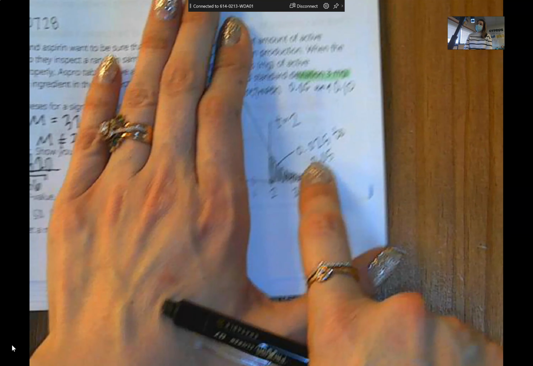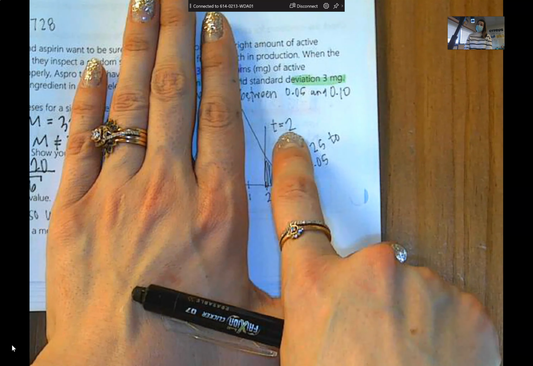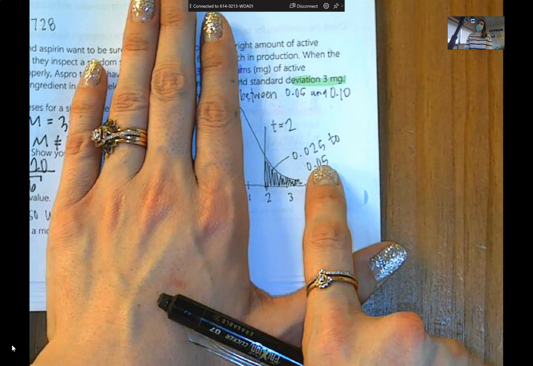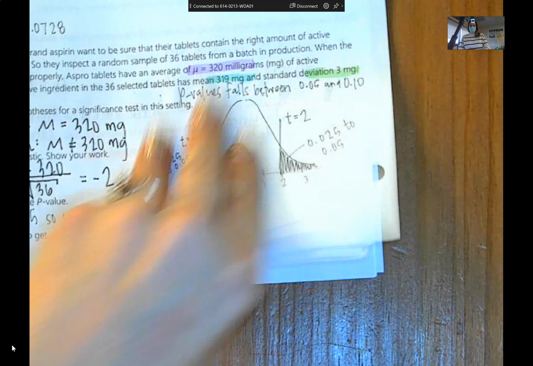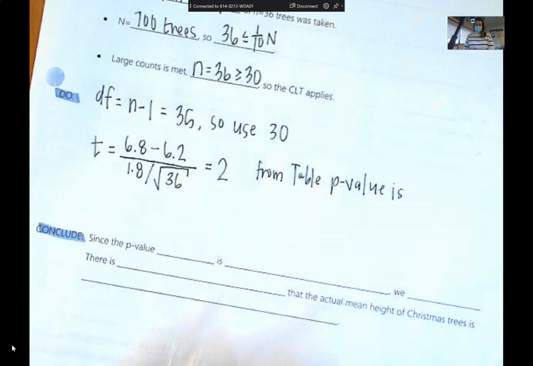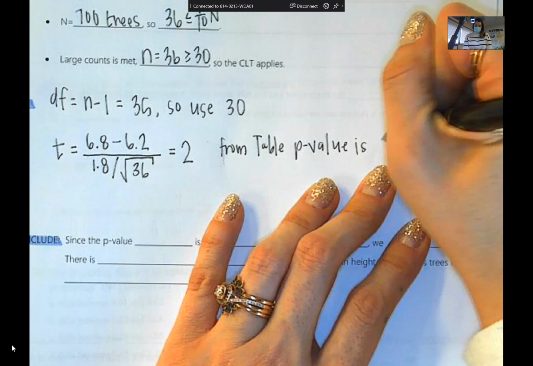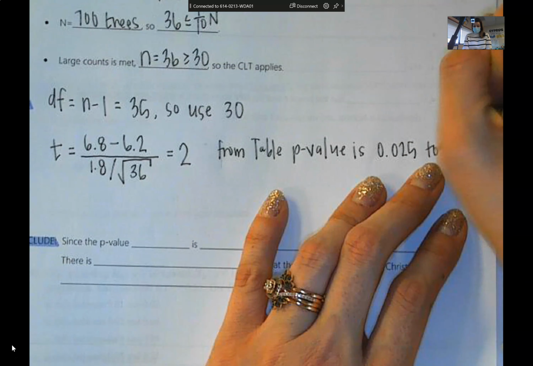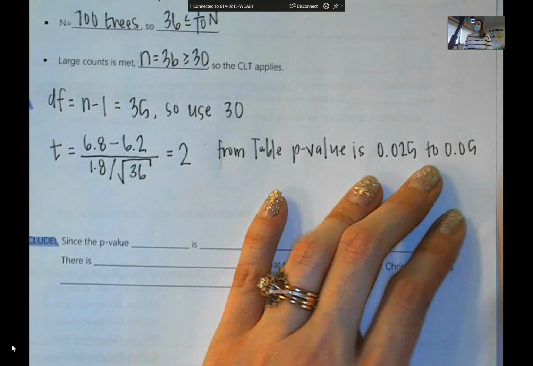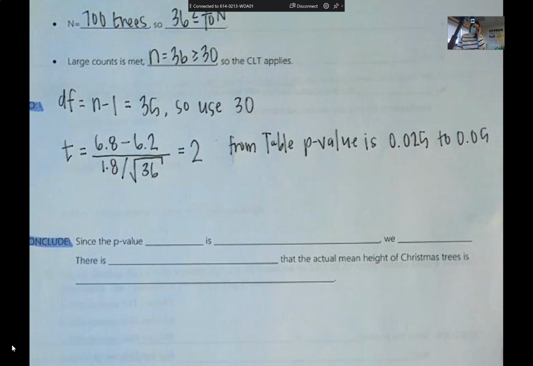We found in our last problem that the table for t is 2 would give us 2.5% to 5%. So that's what I'm going to put here. The table gives us an estimate that our p-value is between 2.5 to 5%.